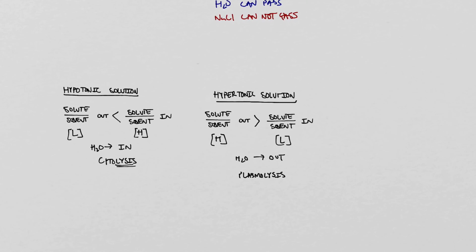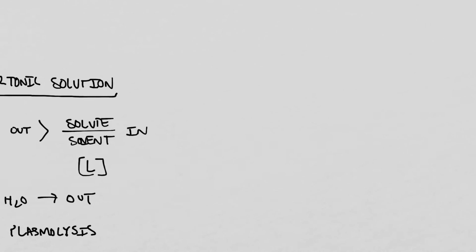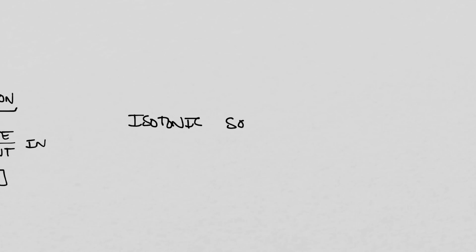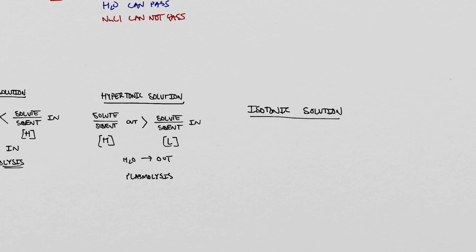Okay, so we've got our hypotonic solution, our hypertonic solution, and the last one that you need to know is called an isotonic solution. And I'm sure you can guess, in an isotonic solution, the last case, just select this again, copy, and paste.